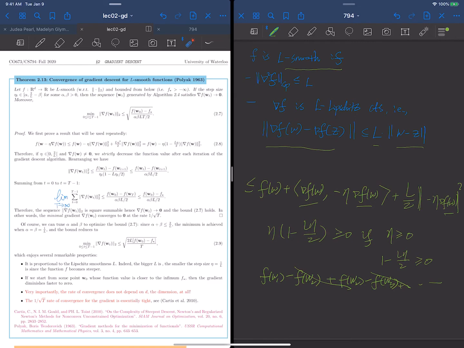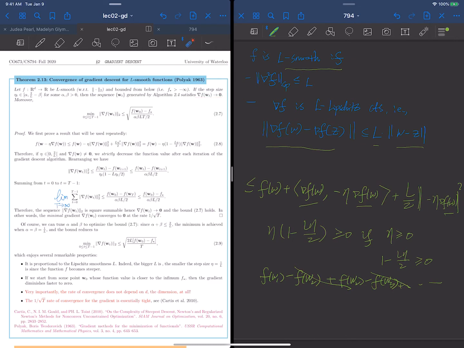And this immediately implies the gradient has to go to 0, right? If you have a positive sequence that you can sum up, then the sequence has to go to 0. Otherwise, the sum will diverge to infinity, right? Okay, so this is what we have proved. The gradient of gradient descent will converge to 0.